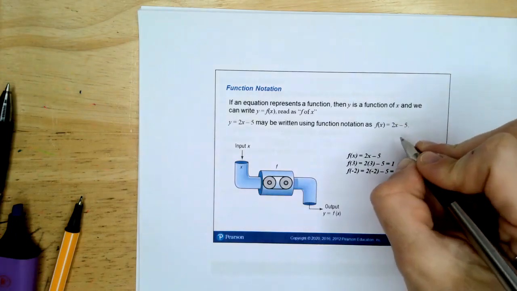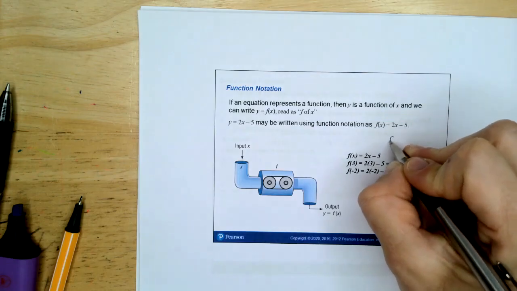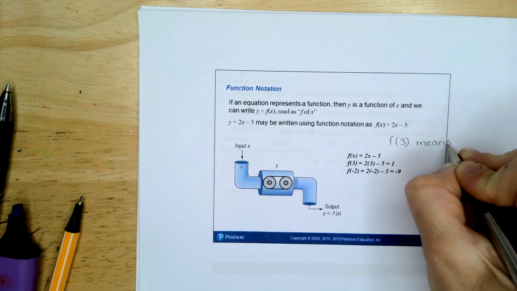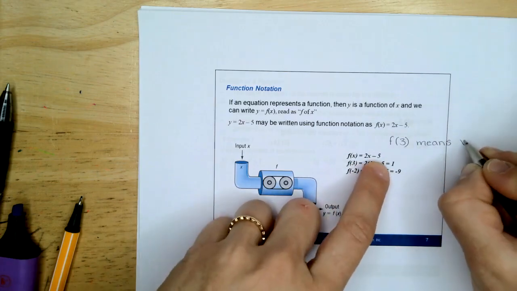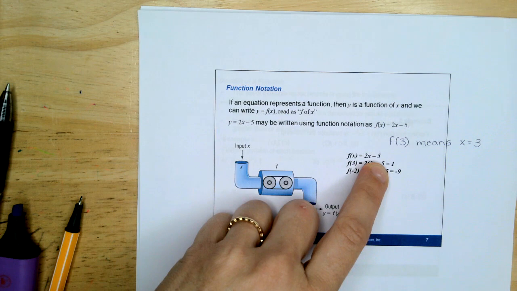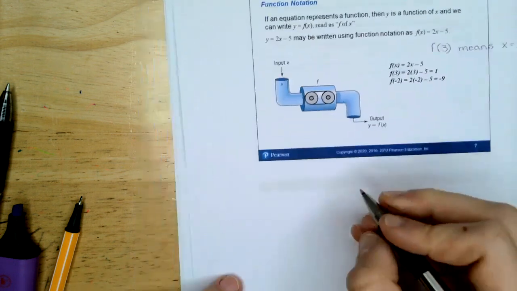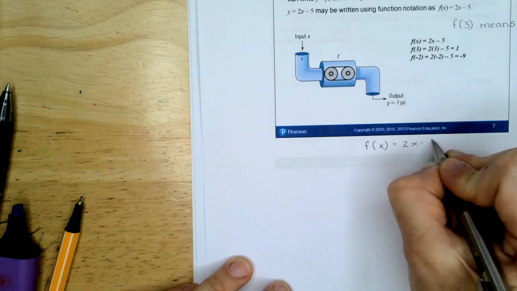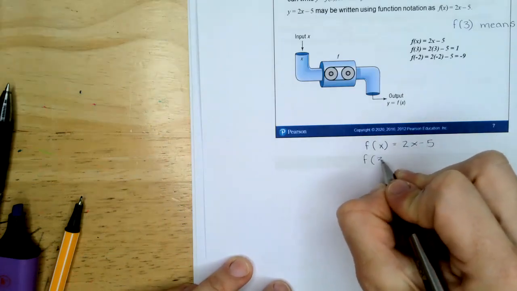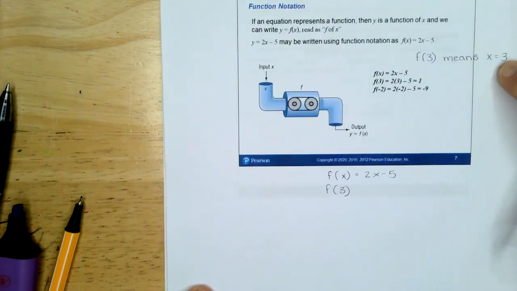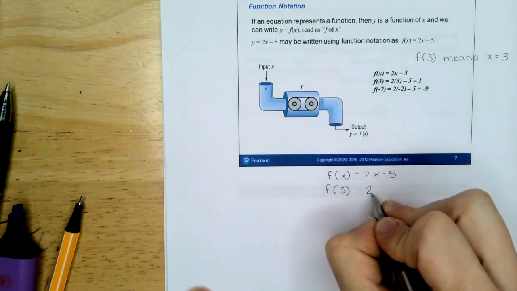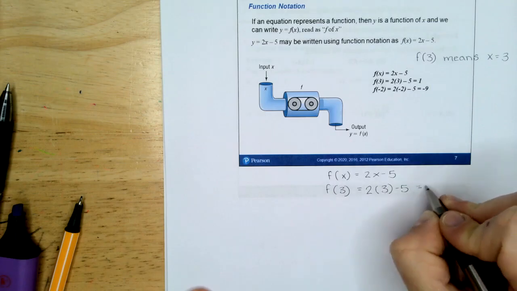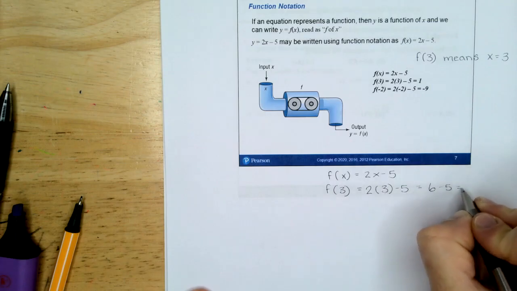F of 3 means I'm changing x to 3. So for 2x minus 5, x equals 3. What is y? So f of 3 is 2 times 3 minus 5. 2 times 3 is 6 minus 5, which is 1.